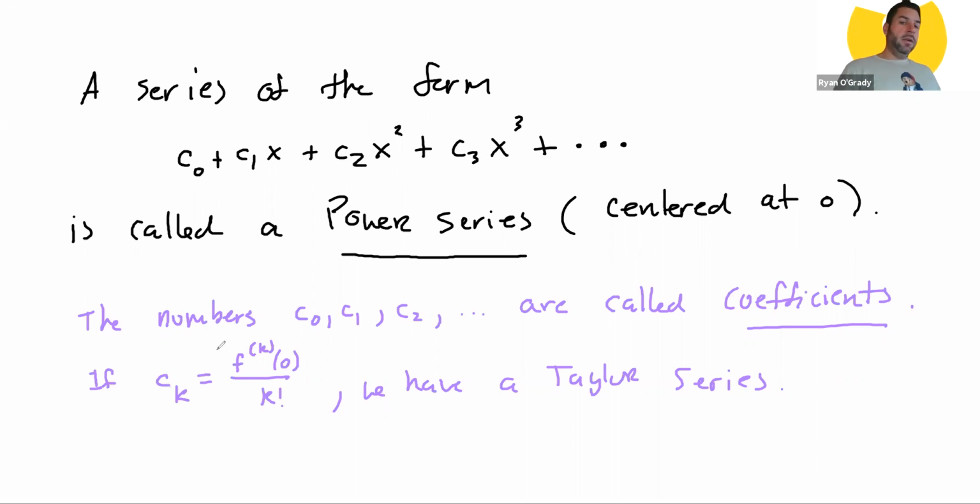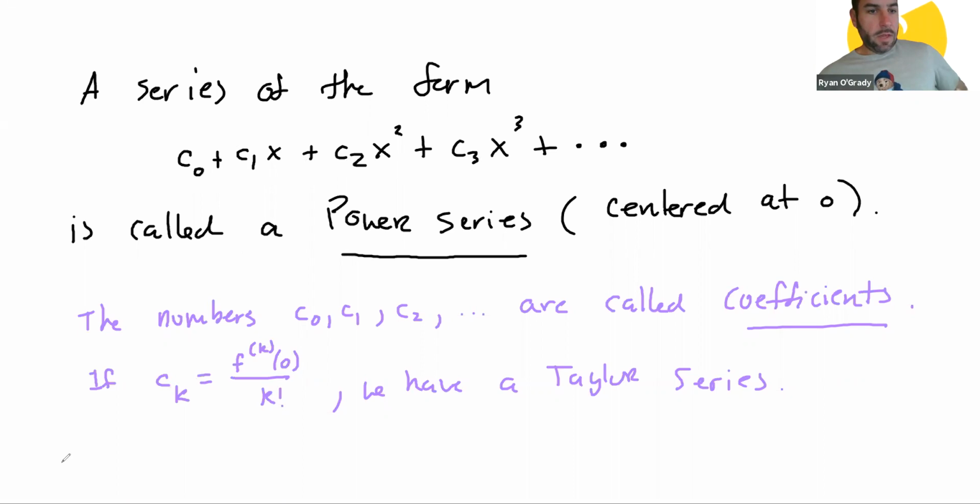The pattern here, maybe it's this pattern or maybe it's not. There could be lots and lots of different patterns. So a Taylor series is one pattern, and a Taylor series is a specific type of power series. Let's write that down because I can't emphasize that enough.